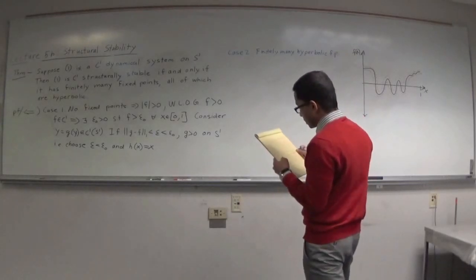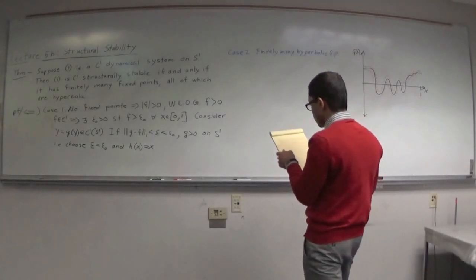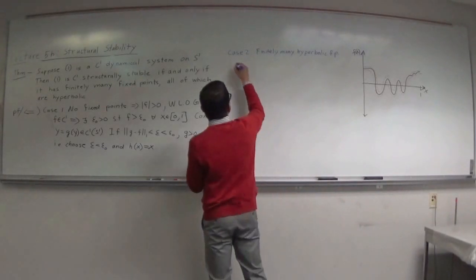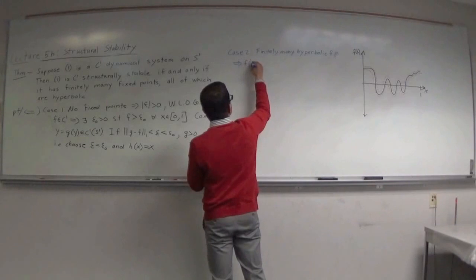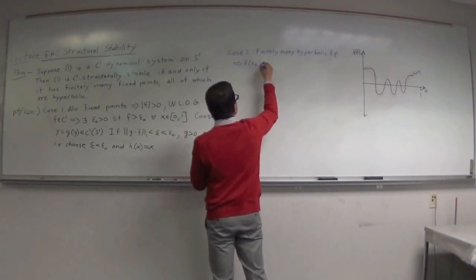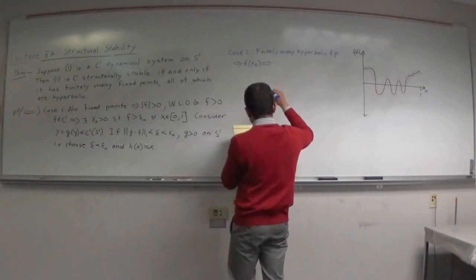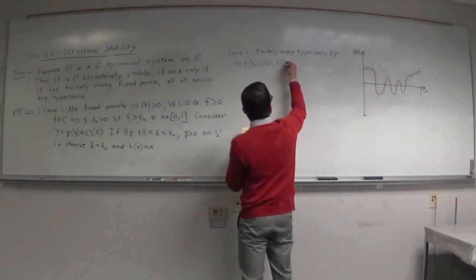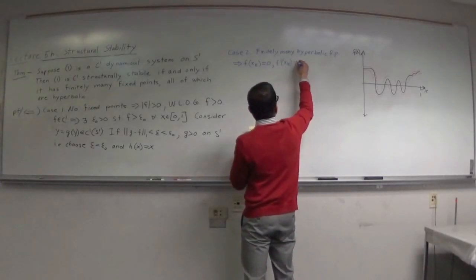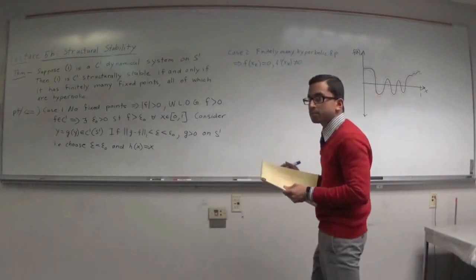So we're assuming there are finitely many hyperbolic fixed points. This means that f(x_k) equals 0, where f'(x_k) does not equal 0. So the x_k are the fixed points.